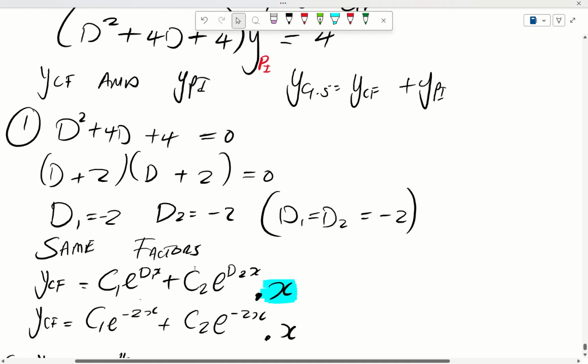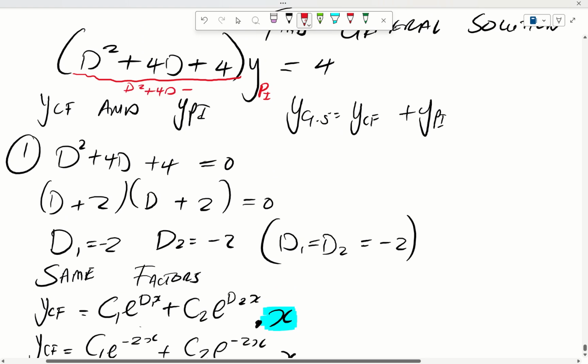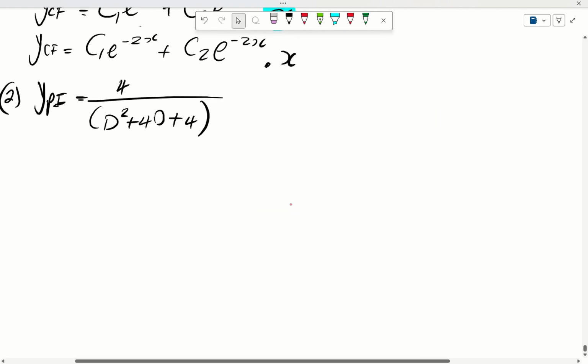From the original equation, I divided by this on both sides to make ypi the subject of the formula. That's when I solve for ypi.